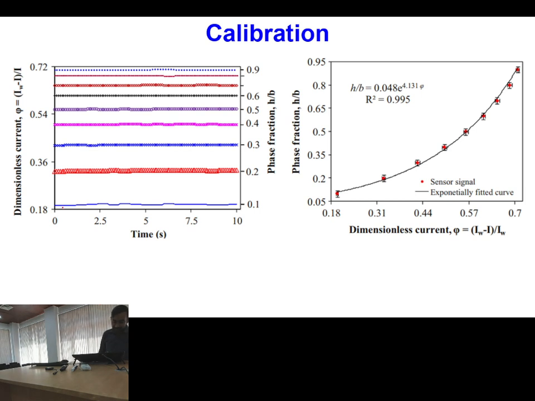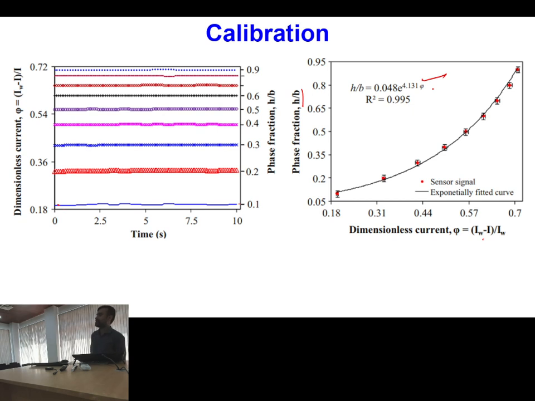So these are the steady signals for each height, you can see, and the average of all these steady signals, when plotted for different trials with error bars, you can see that between phase fraction h by b and the output signal phi, you can fit one exponential relation.